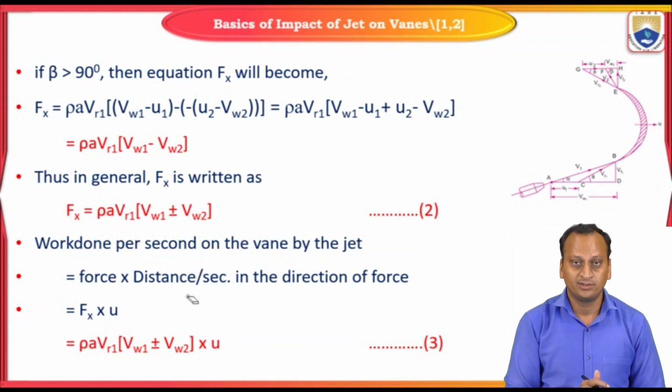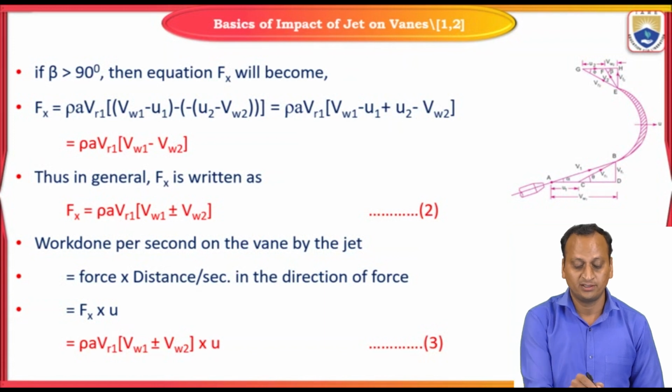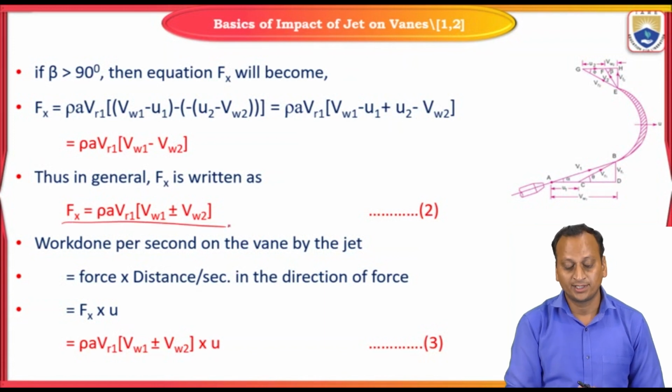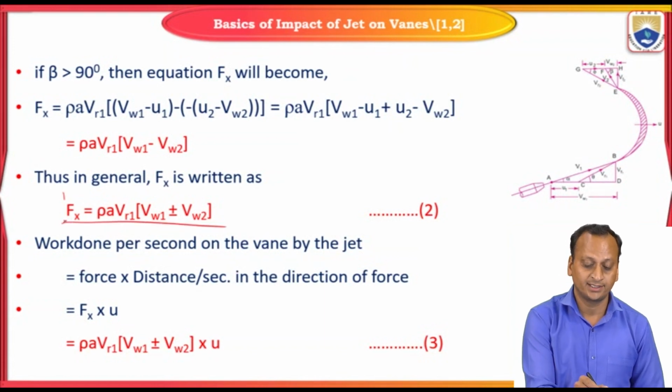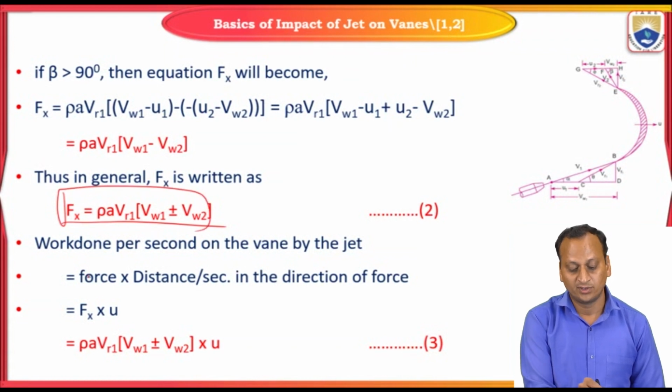We can derive the force expression. Force is nothing but the rate of change of momentum in the x direction. Then after knowing Fx, we can calculate the work done.